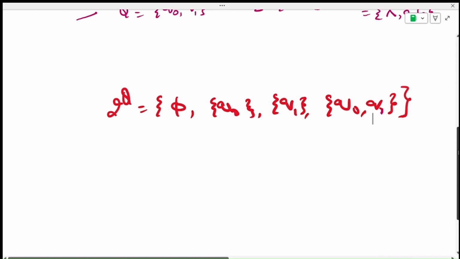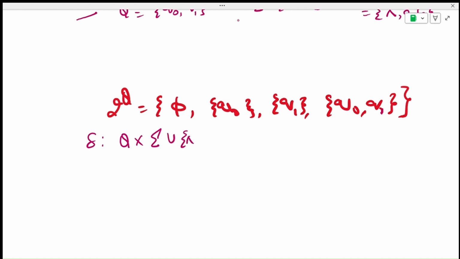So the delta is Q cross sigma union null to power set of Q. So for this example, what will be the elements of Q cross sigma union null?